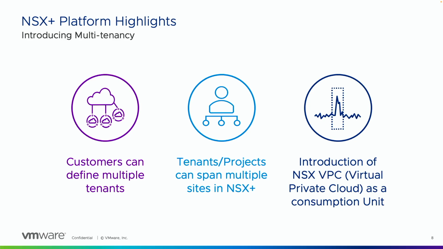So to simplify self-service consumption for your lines of businesses or your tenants, we are introducing the NSX VPC, or NSX Virtual Private Cloud, as a cloud consumption unit. If your lines of businesses want to do some basic networking and security configuration, they don't need to be experts in NSX, and they'll have some simplified constructs which they can play with.